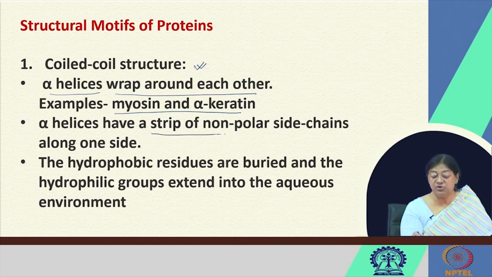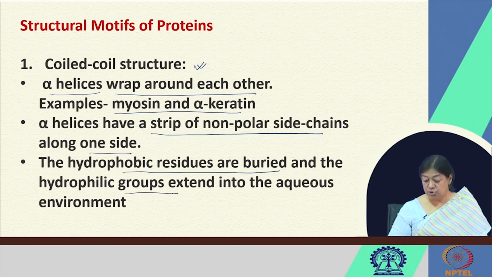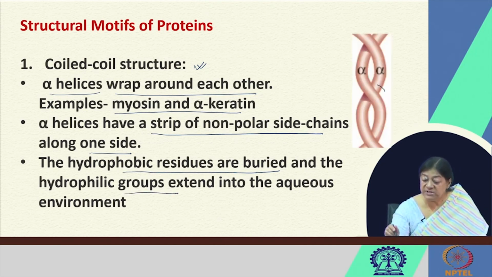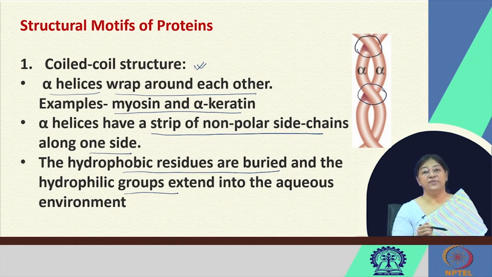That means they have a strip of non-polar side chains along one chain, and the hydrophobic residues are buried and the hydrophilic groups extend. So, the overlap that we see here, where the chains interact with each other, has hydrophobic interactions that allow for these specific interactions to occur between the 2 chains.